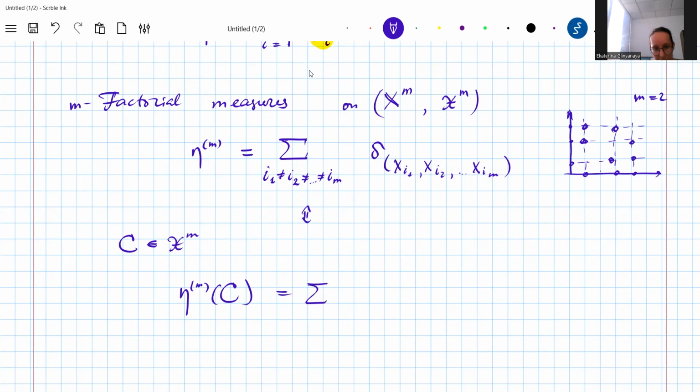This will be just the number of points such that the random vector belongs to this set C, and again the summation is over all non-equal indices.